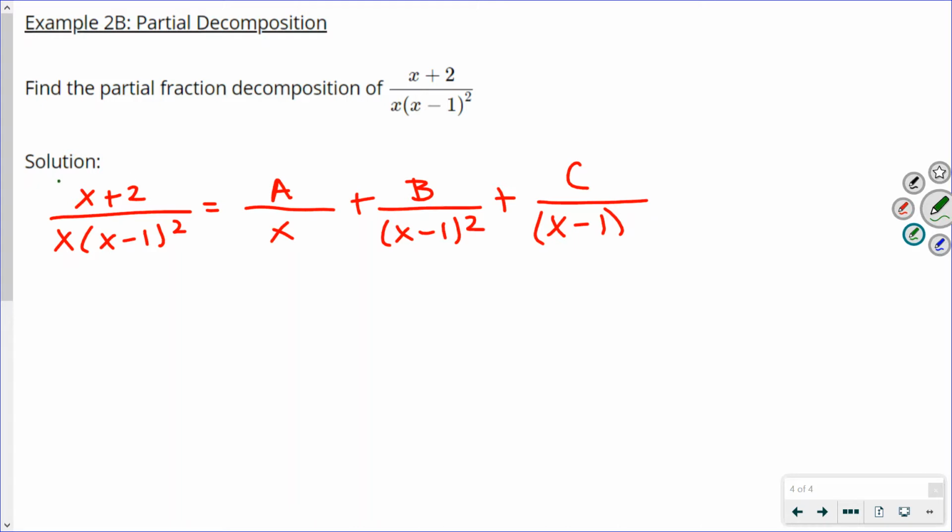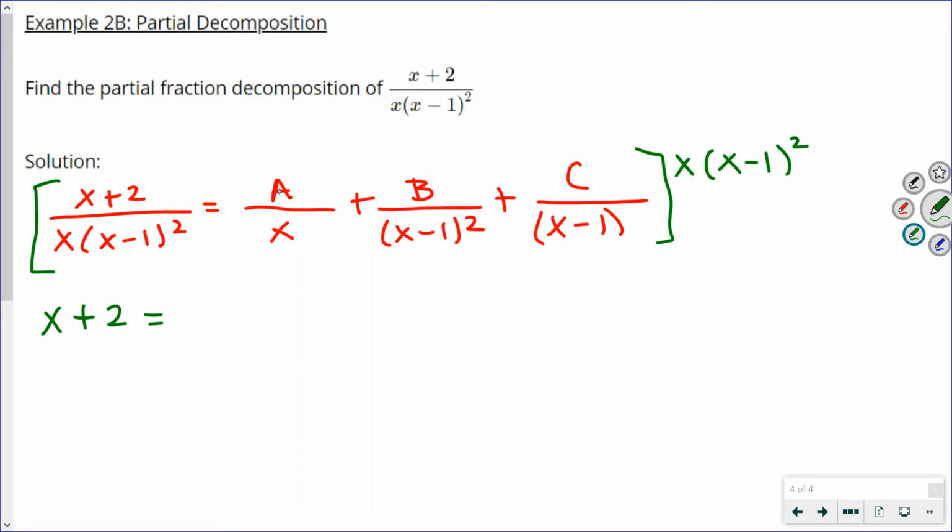Our next step, just like the other one we solved, we're going to multiply by this initial denominator here, x(x - 1)². This will allow us to cancel almost all of our denominators, because that is the common denominator. So in the first term, we're going to end up canceling the whole denominator, which will leave me with x + 2.